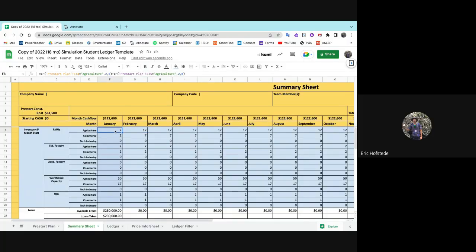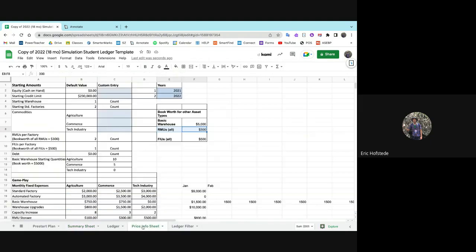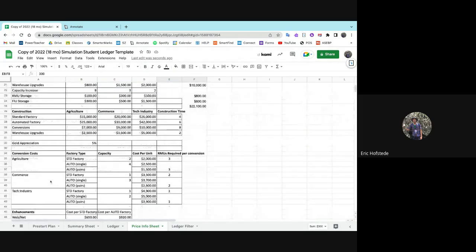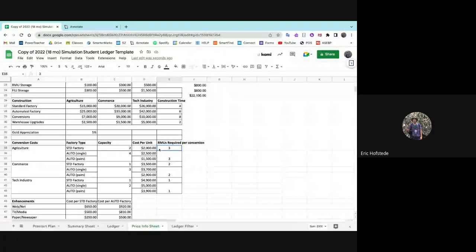And it's kind of weird because it's going to show in the February, all right? Because that's what I started January with. This is what I would start February with if I did no conversions and no FIU sales. So I've got 12 agriculture RMUs. We need to think about our conversions for a second. And if you go into the price info sheet, it'll show you how many RMUs are required per conversion.